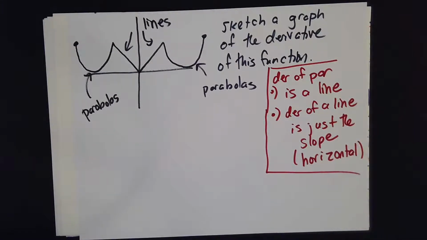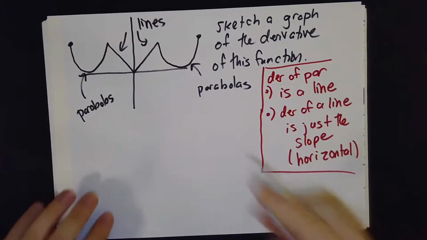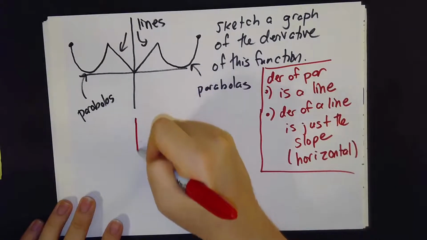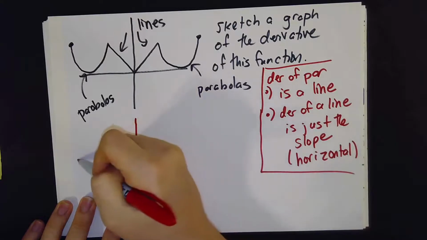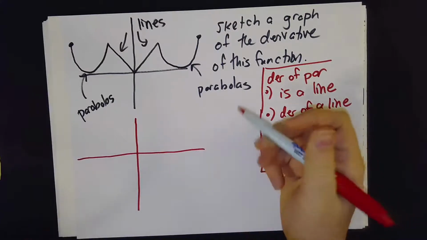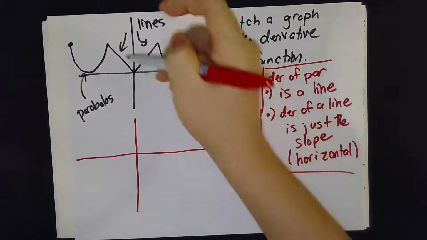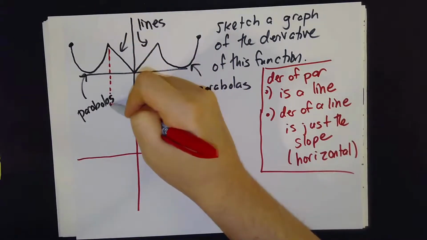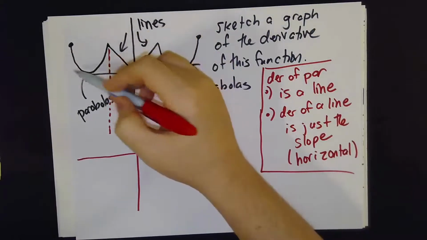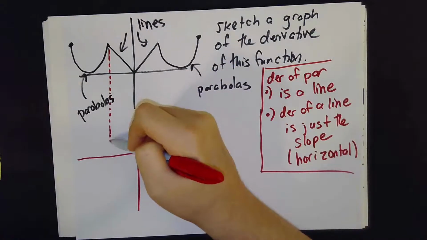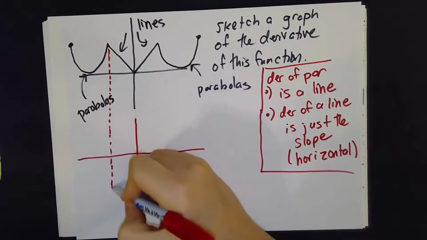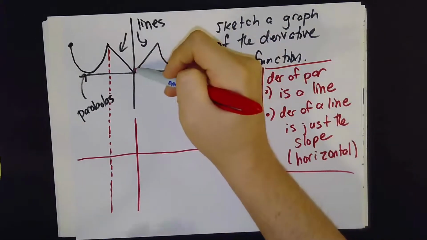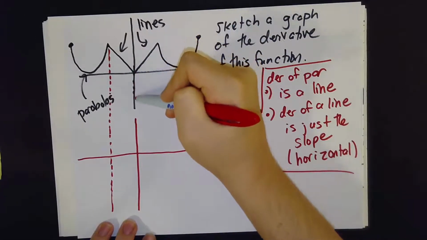Okay. So all of that being said, let's try and sketch this derivative. And I want to mark off a few things. So any part where the shape of the graph changes, so here it switches from a parabola to a line, I'm going to mark that coming down here. Here it switches from a decreasing line to an increasing line.